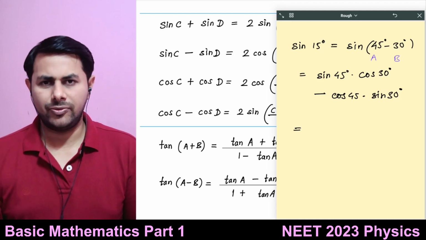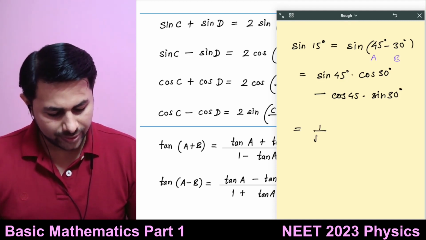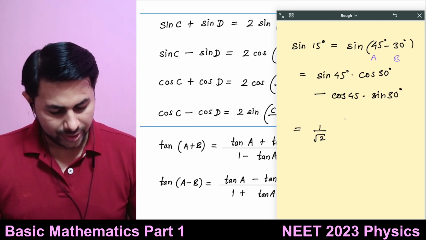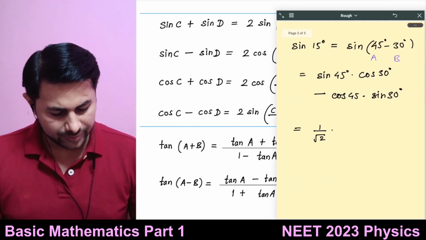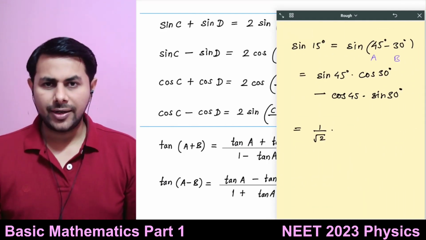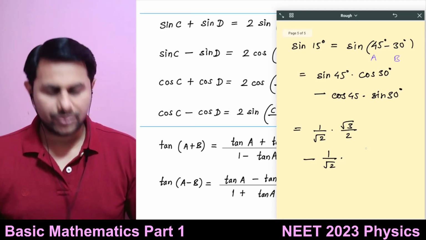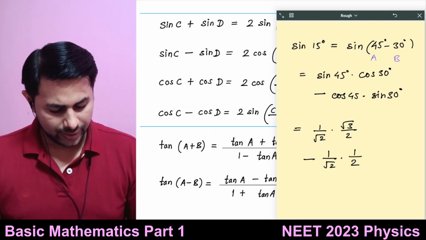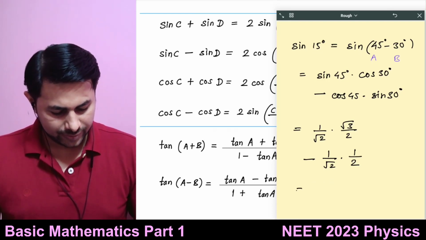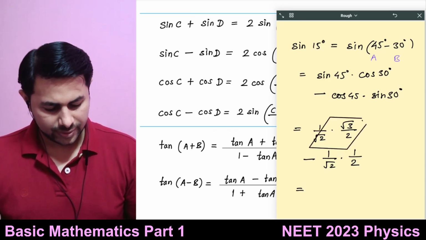This is one angle for which sine and cos values are equal, they are 1 upon root 2. So 1 upon root 2 multiplied by cos of 30. How much is cos of 30? Root 3 by 2. Minus 1 over root 2 multiplied by sine of 30, which is 1 by 2. So the denominator is equal, see here, right?